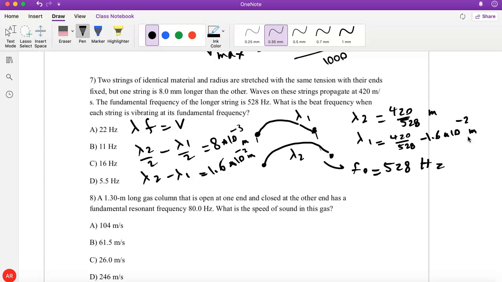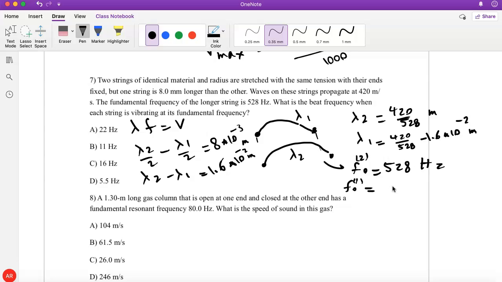Okay, so if you find lambda 1, let's say we label this fundamental frequency, we can find the fundamental frequency associated with the other one and find their difference. So f01 is going to be the speed divided by lambda 1.